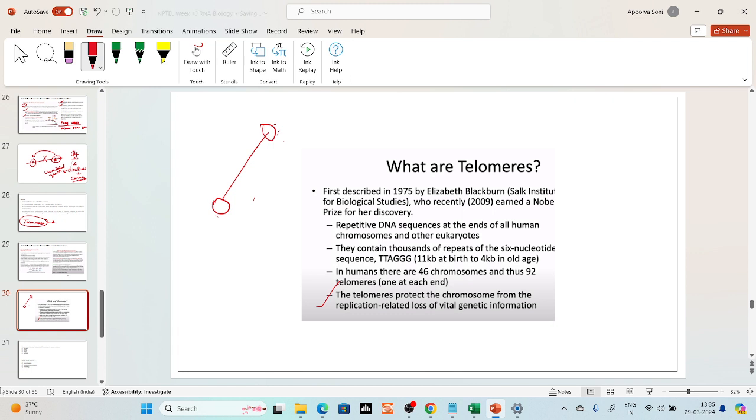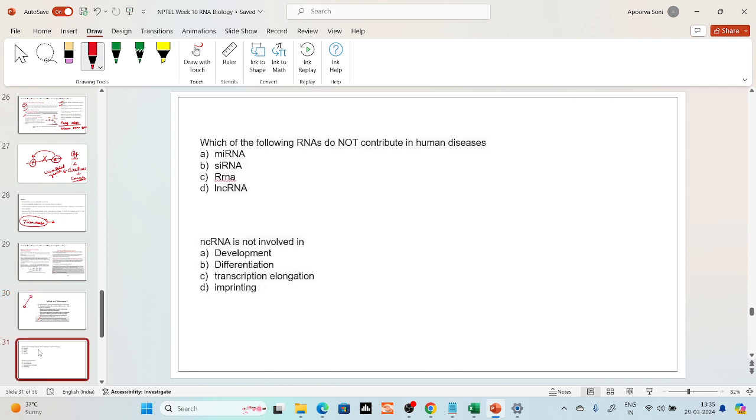Now we'll just move to the questions. We'll try to solve them. So the first question is, which of the following RNA do not contribute in human diseases? miRNA, siRNA, rRNA, or lncRNA? Think.